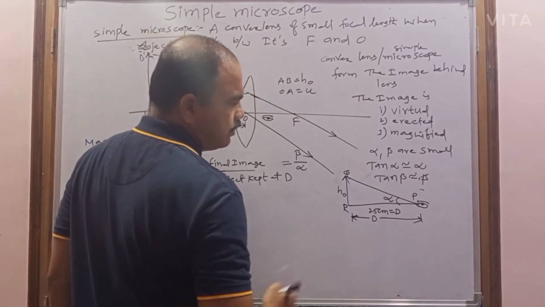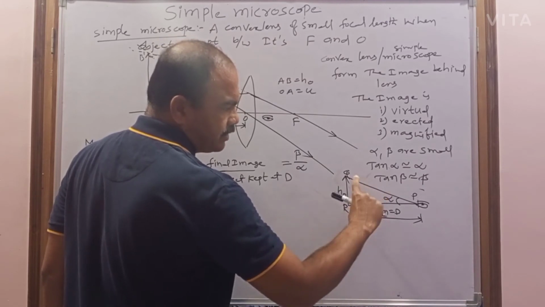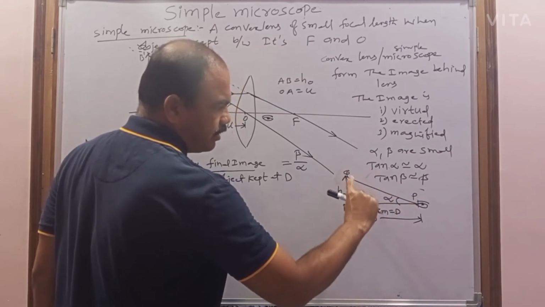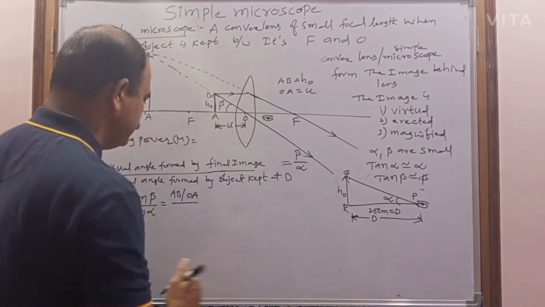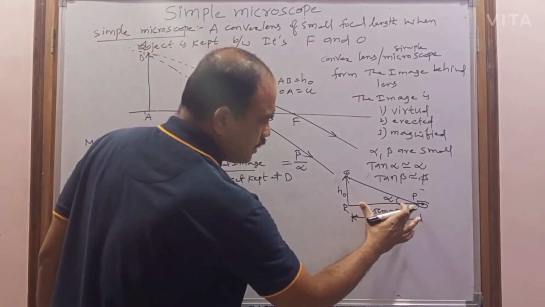Now in this triangle PQR, tan alpha is nothing but opposite side to adjacent side. What is the opposite side here? QR, by the adjacent side, PR.